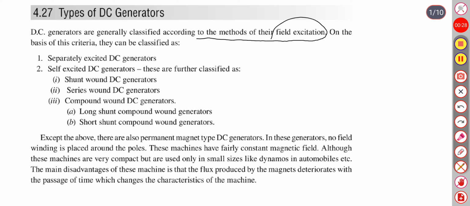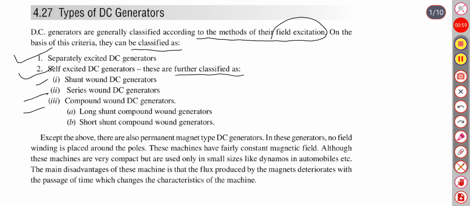So on the basis of this criteria, they can be classified as separately excited DC generators and self-excited DC generators. Self-excited DC generators are further classified as shunt wound generators, series wound DC generators, and compound wound generators.